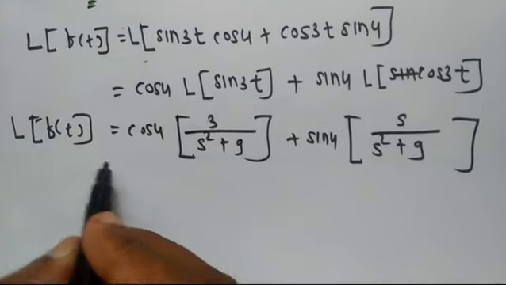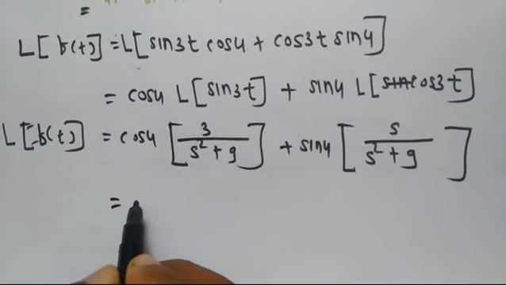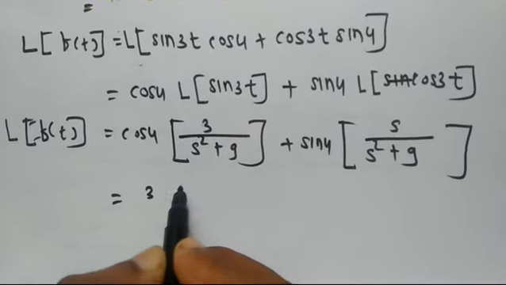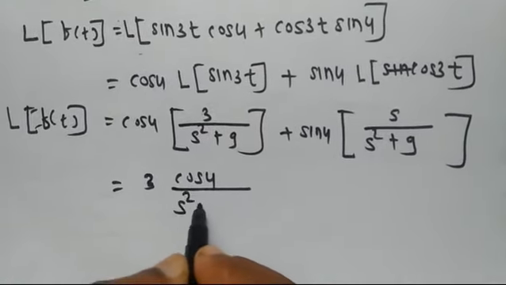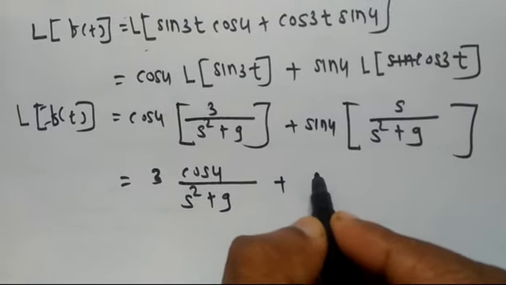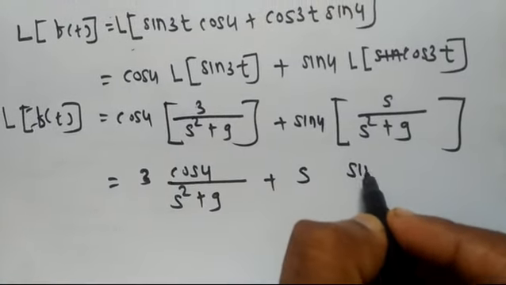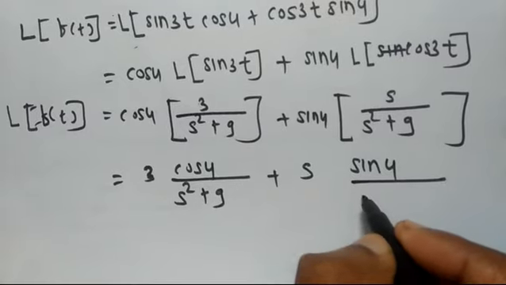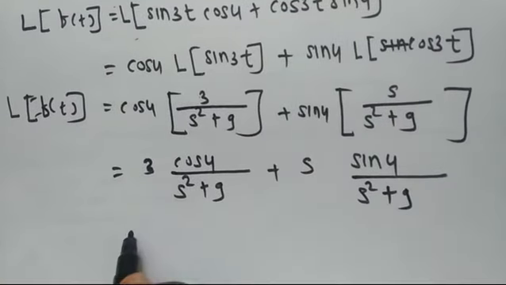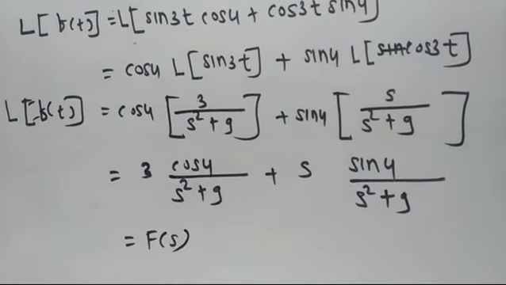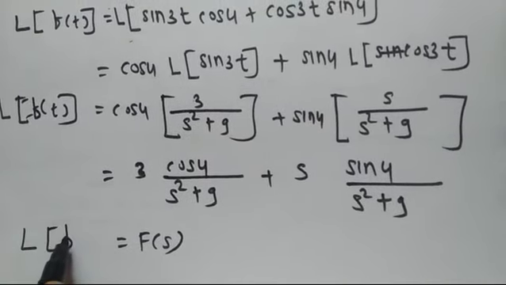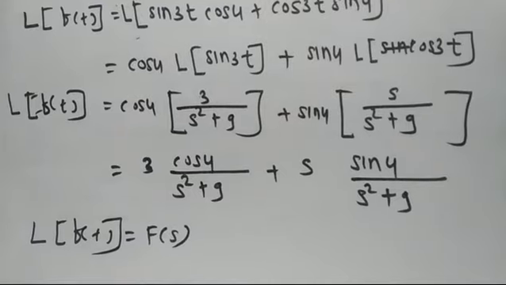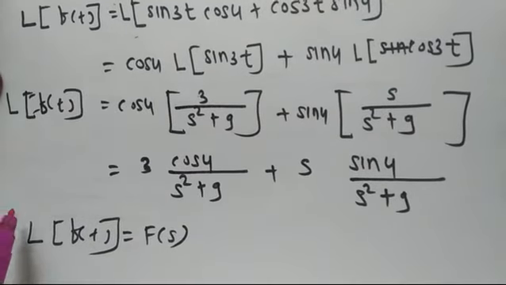So finally f of t, its Laplace is 3 cos 4 divided by s square plus 9, plus s into sin 4 divided by s square plus 9. This is the f of s. Okay, Laplace transform of this f of t, this is the f of s. Remember that.